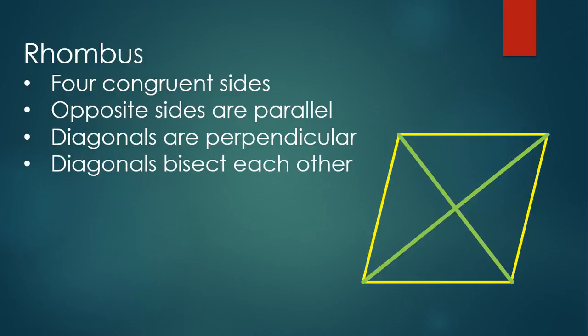And the diagonals will always bisect each other, which means they'll cut each other into two congruent pieces. So when we make these constructions, quite often there's an implied or unseen rhombus within the construction.